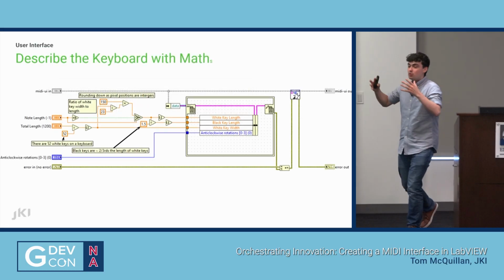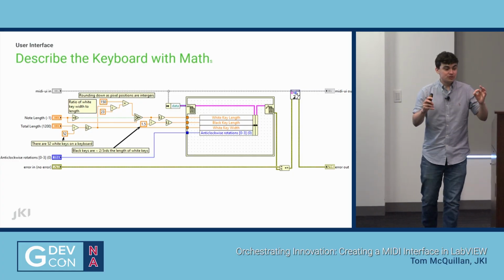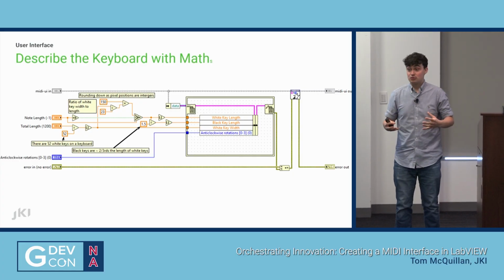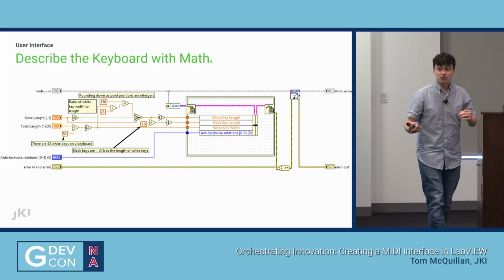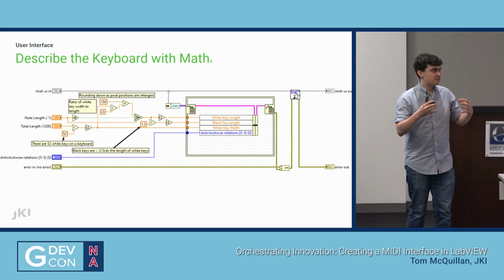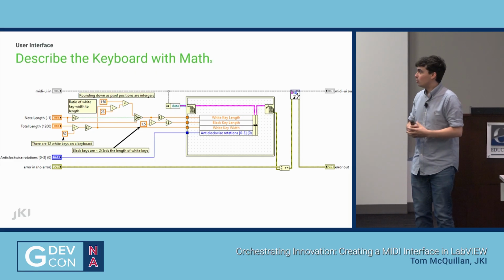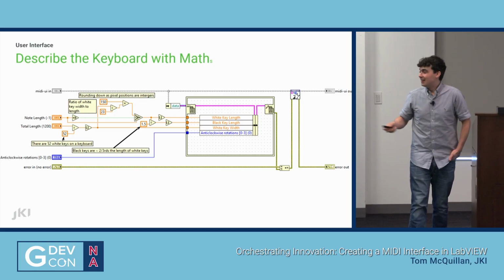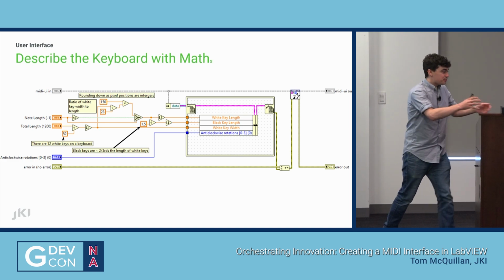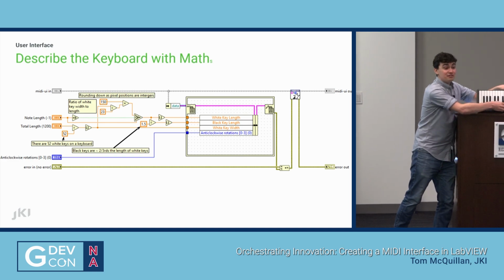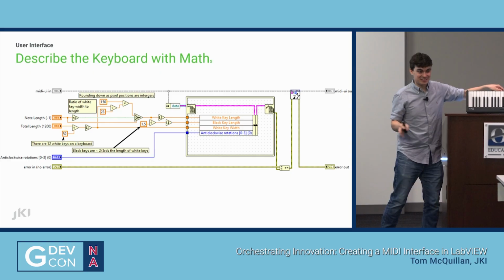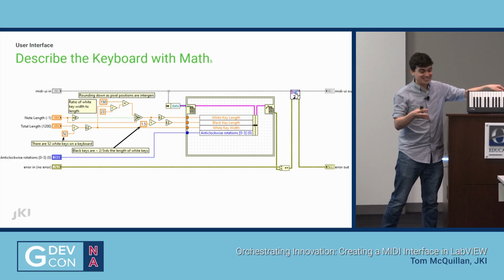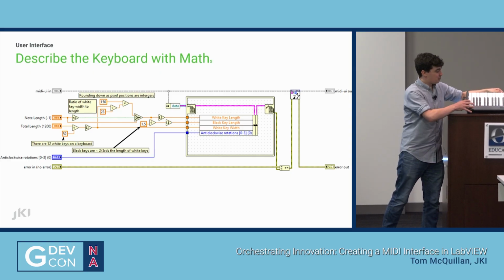Okay, so the way that I created that user interface was to use a 2D picture control. And with 2D picture controls, you just need to be able to describe a thing using math, or maths if you do it more than once. So this piano, this was extremely cheap off Amazon just for this presentation, so I'm not too hopeful for it.